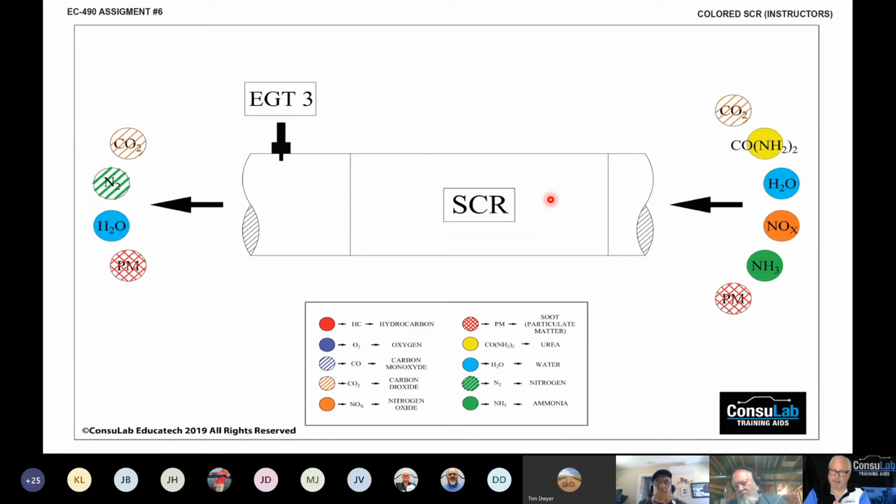Well, this is moving through actual tubes within the substrate. So that chemical reaction is going to happen. The electrons and elements are going to trade places. It's a reductant reaction, and the output is CO2, nitrogen, water, particulate matter.